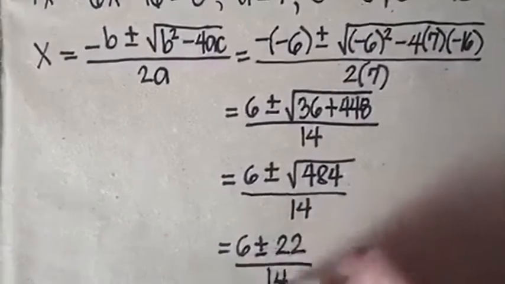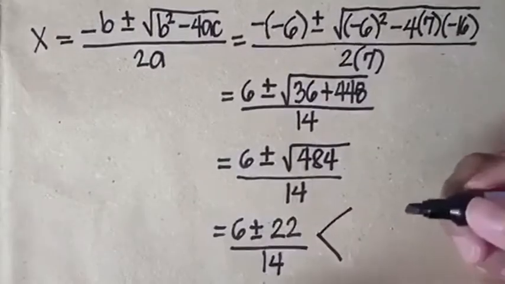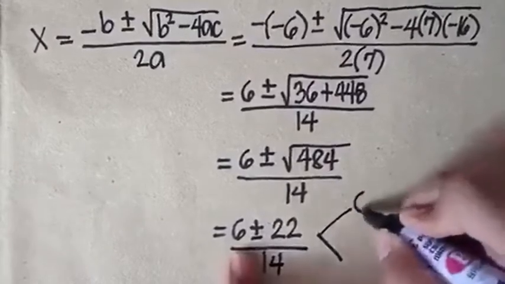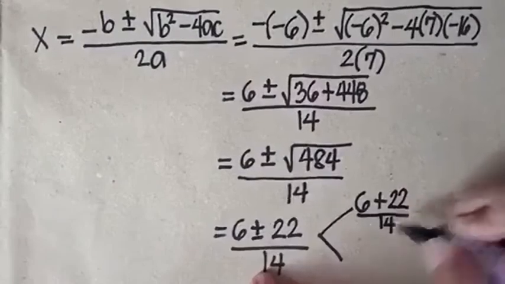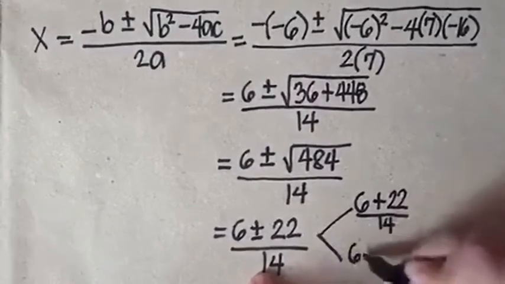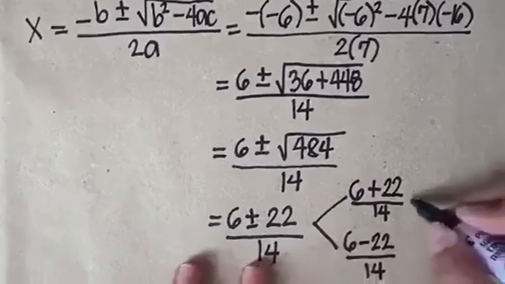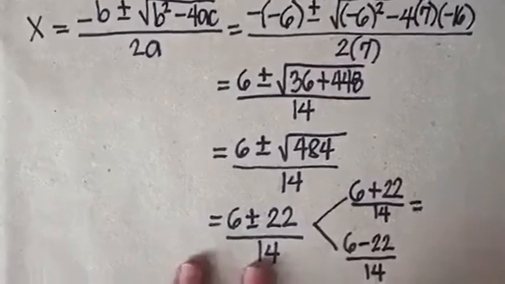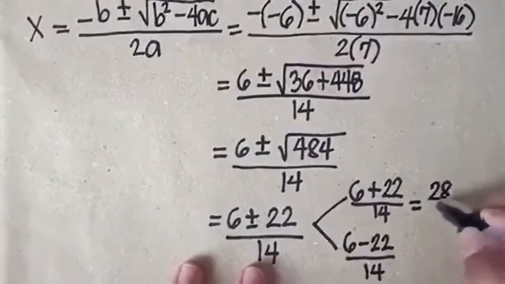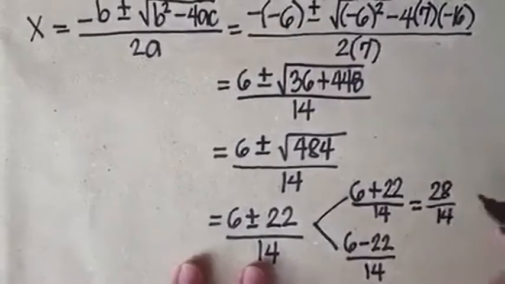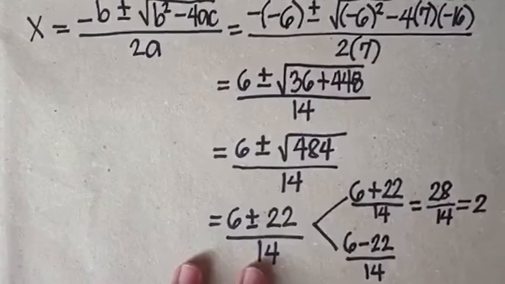Over 14. Okay, so paghiwalayin natin yung double sign for us to get the values of x. Yung una is 6 plus 22 divided by 14. The other one is 6 minus 22 divided by 14. So 6 plus 22 is 28, divided by 14, so we can reduce that to 2. 28 divided by 14 is 2.